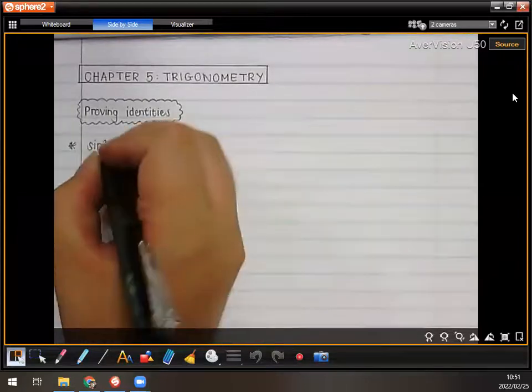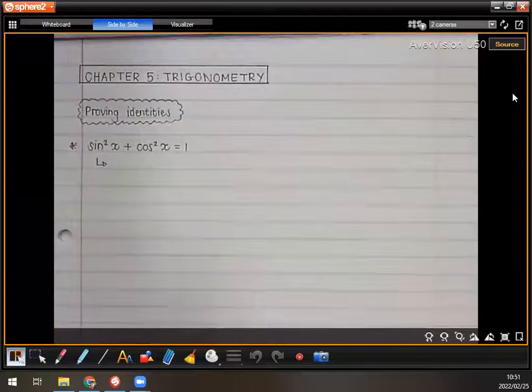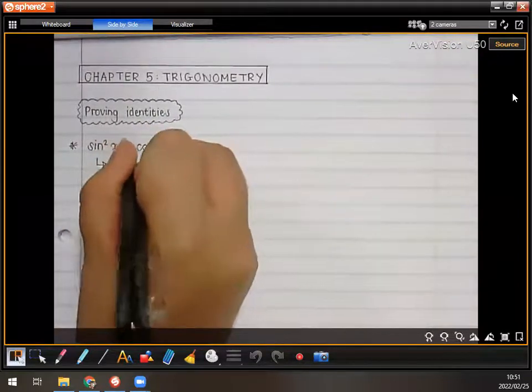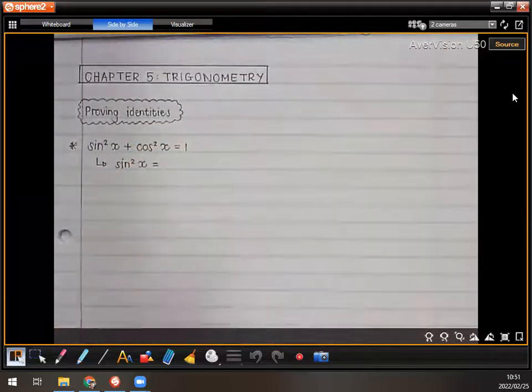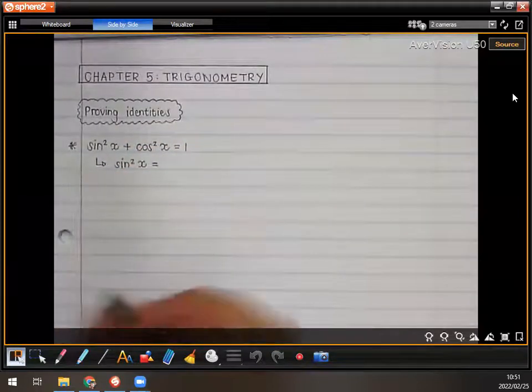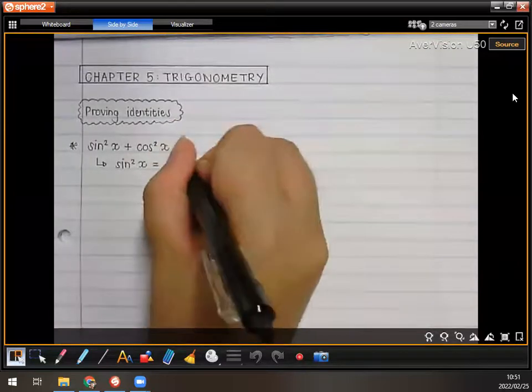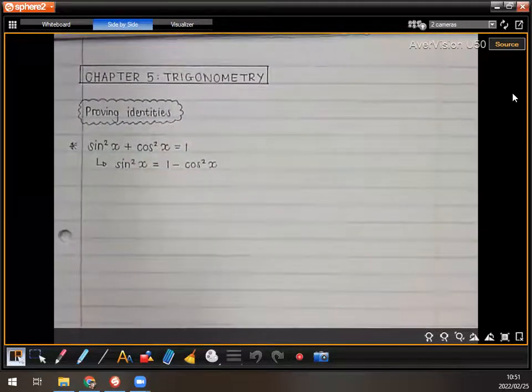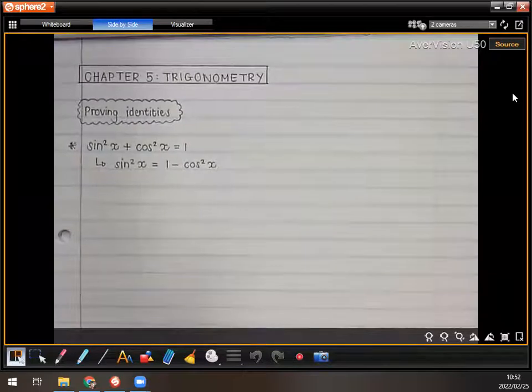Now from this, we have two other results of this identity. If you want sine squared x as the subject, you're going to say 1 minus cos squared x. Again, you can use that both ways.